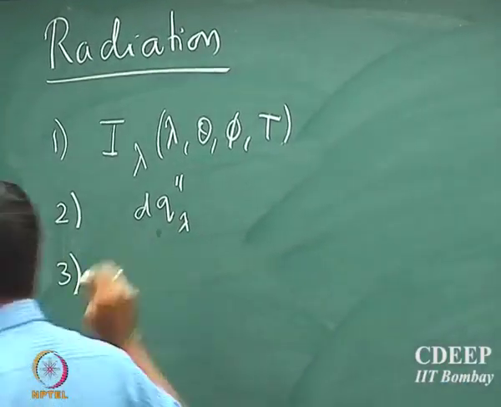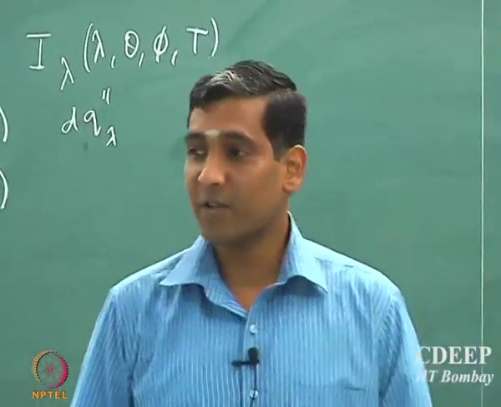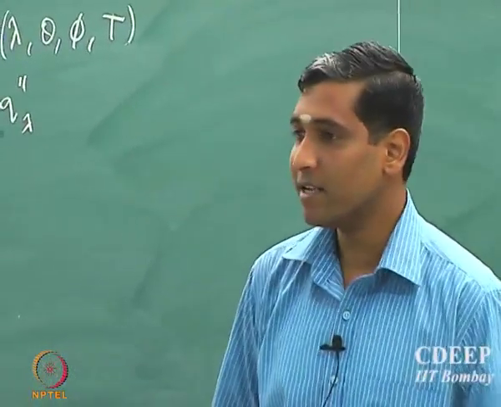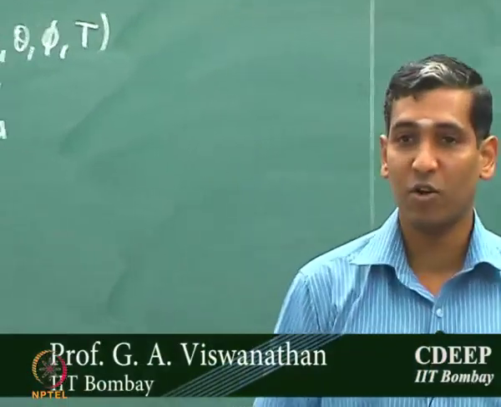And note that this flux is defined based on the area of the surface which is emitting, if it's an emission, and if it is receiving, it's based on the area of the surface which is receiving radiation.